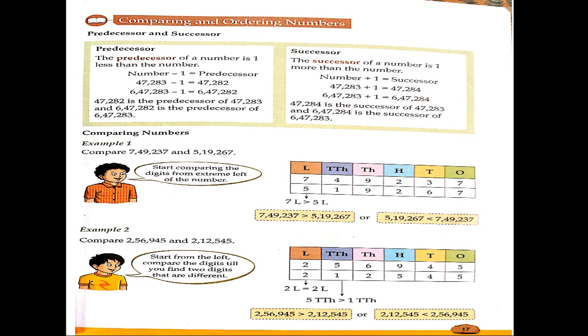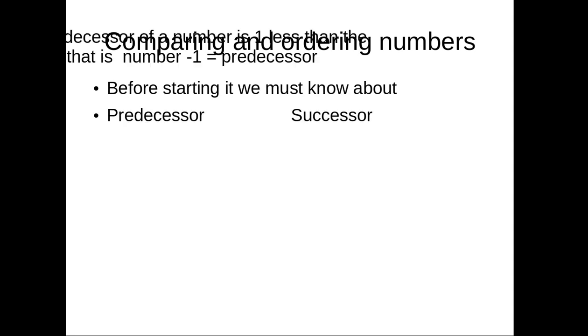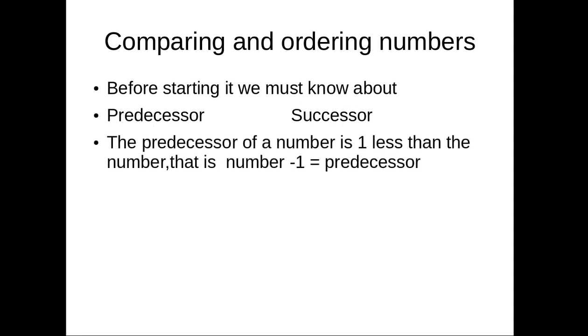See an example of comparing and ordering. Before starting, we must know about predecessor and successor. The predecessor of a number is less than the number, that is, the number minus 1 is the predecessor. For example, 50 minus 1 gives 49.